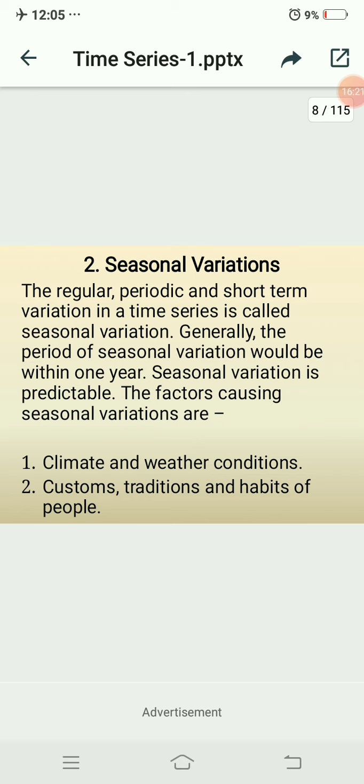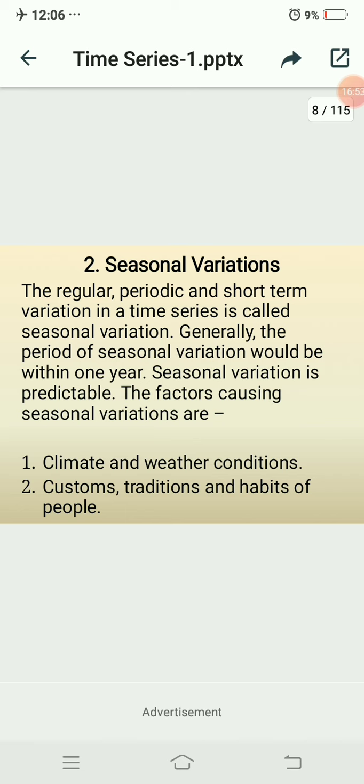Related to the festivals, some materials' rates automatically grow. But in seasonal variations we also need to consider climate and weather conditions, which cause the seasonal variations. According to the climate, if it is the rainy season, you need to purchase an umbrella. Regarding weather conditions, you need to consider the cold, and you need to wear sweaters.